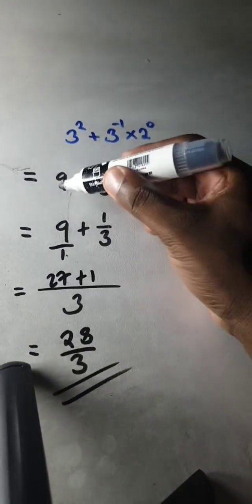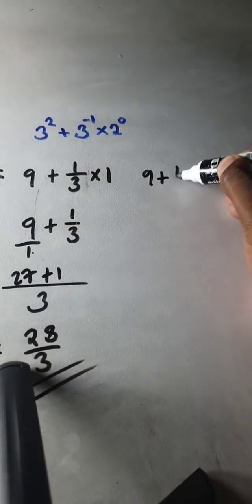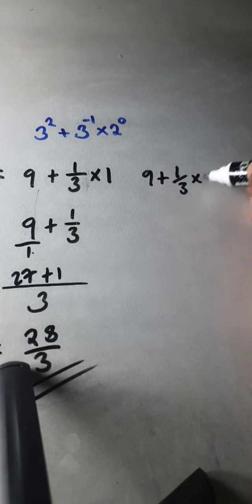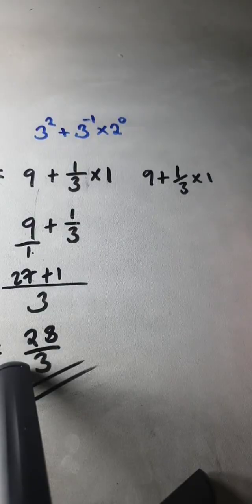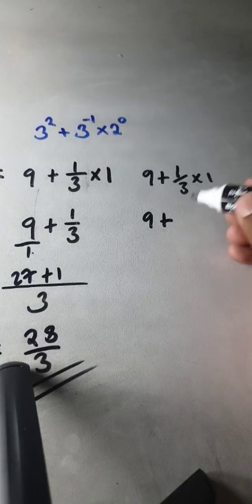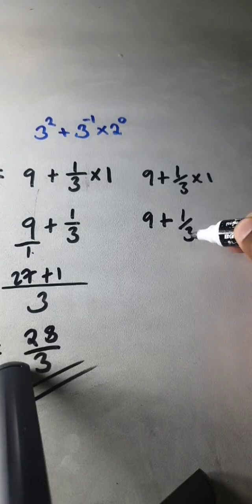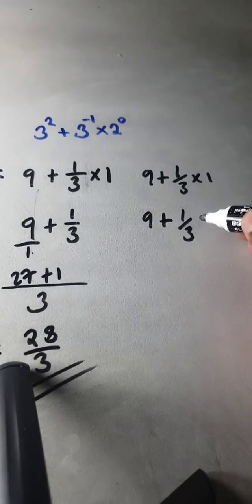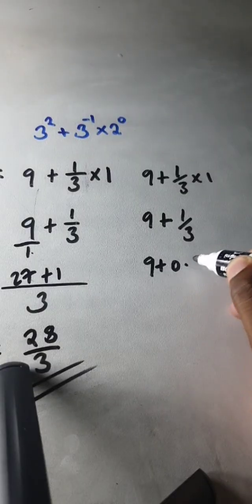All right, we have 9 plus 1 over 3 times 1. So 1 over 3 times 1 is 1 over 3. And what is 1 over 3? It is 0.33333. So we can simply say 9 plus 0.3.